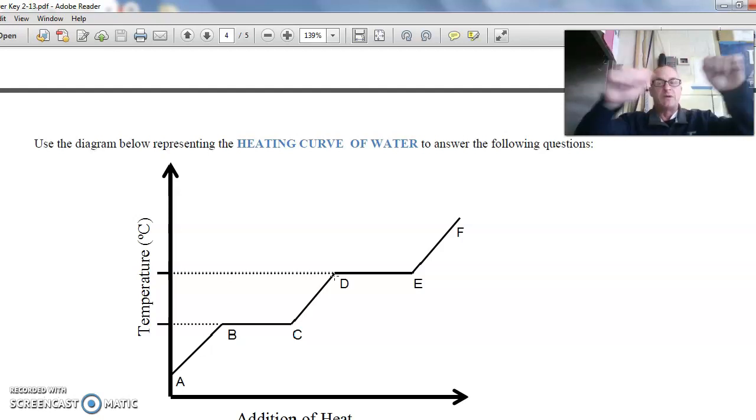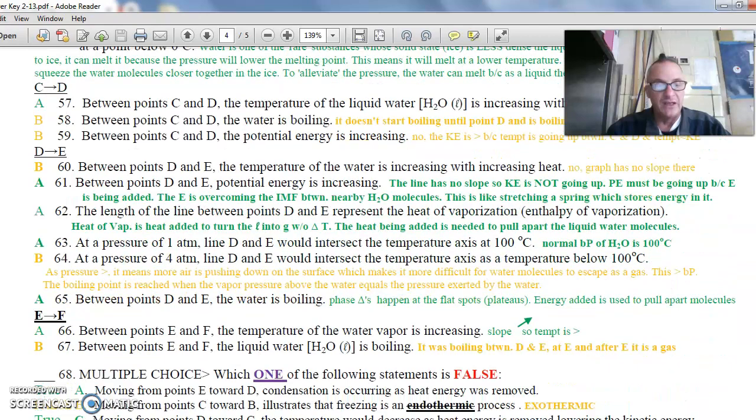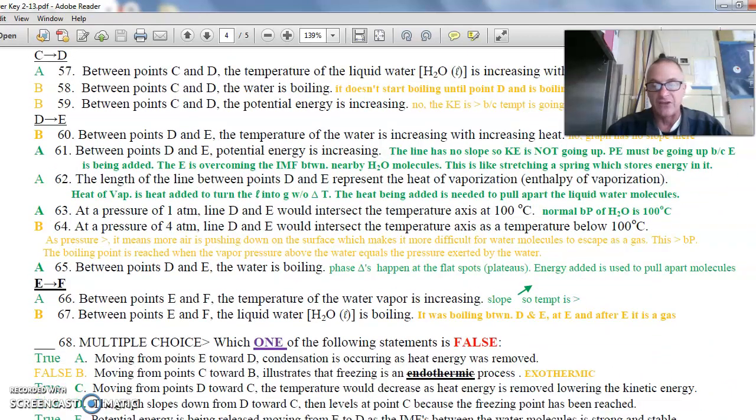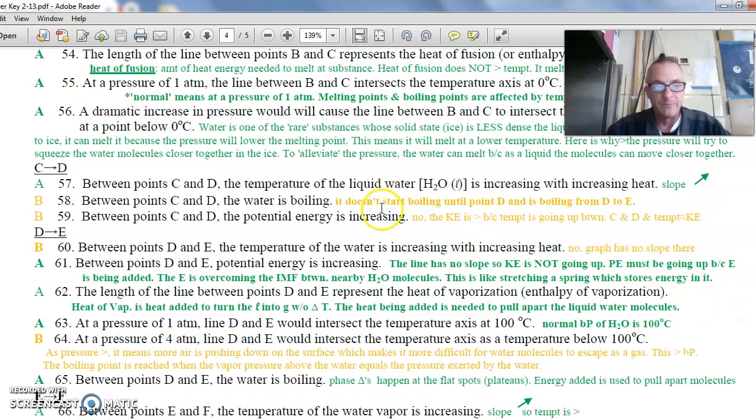Eventually, the intermolecular forces between them begin to get taxed or stretched. And then right at point D, we have to add energy to overcome that attraction between the molecules to allow the water molecule to break off into a gas form. So it is not boiling between C and D. The molecules are just going faster and faster and faster between C and D.